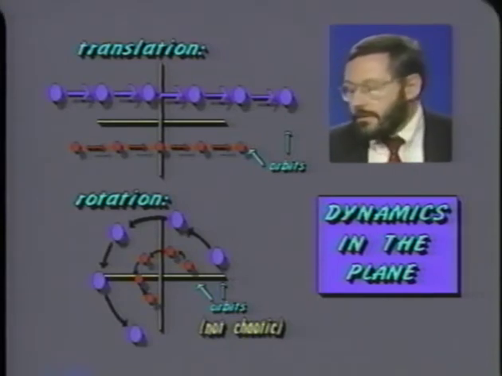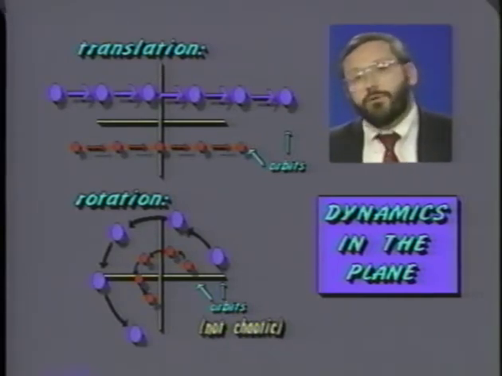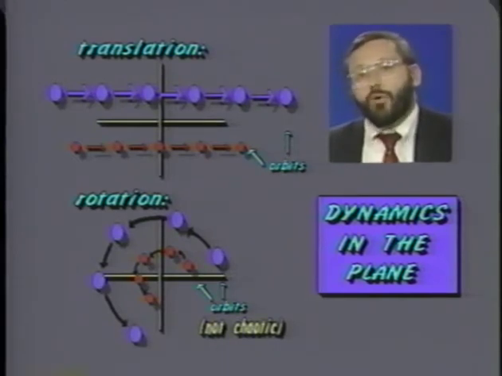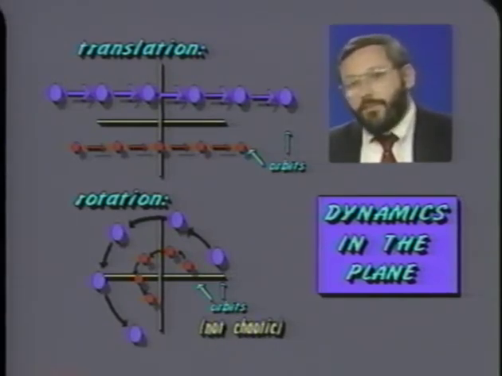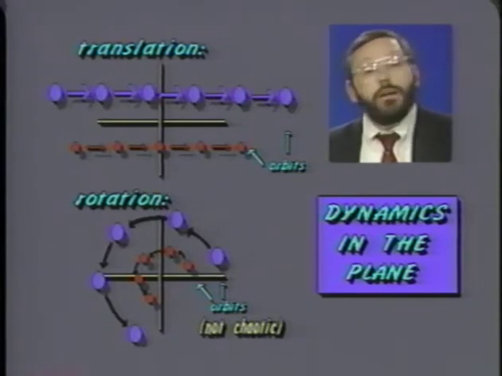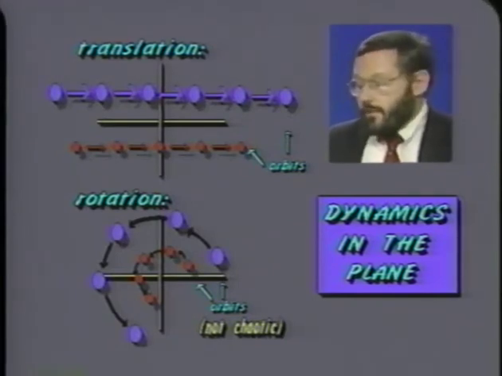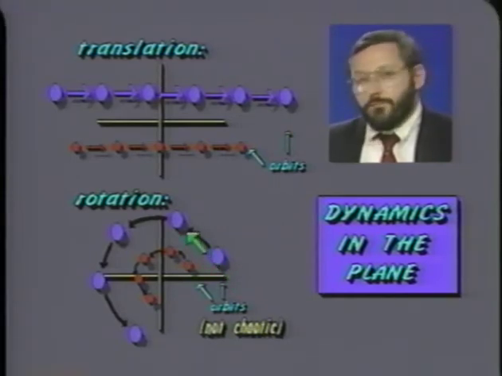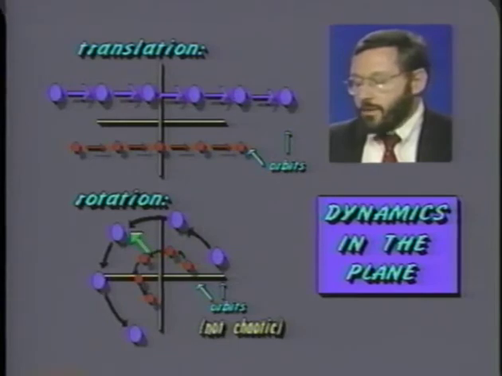Another example of a dynamical system in the plane is the operation of rotation through a fixed angle. If we rotate points through a fixed angle and then iterate that procedure, again, we produce orbits in the plane. For example, if we start with this point in the plane and rotate, we get this point. Rotate again, we get this point.